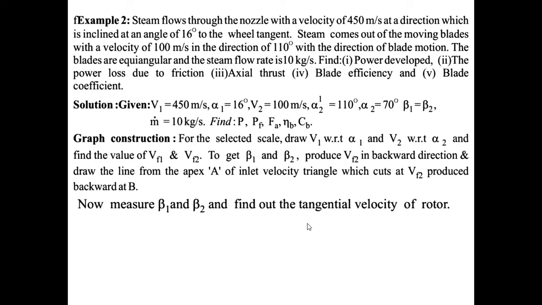This point is very important, whether it is VR2 or V2. The velocity is 100 meter per second, in the direction of 110 degrees with the direction of blade motion. This 110 degrees with the blade motion tells us it is not VR2, it is V2.